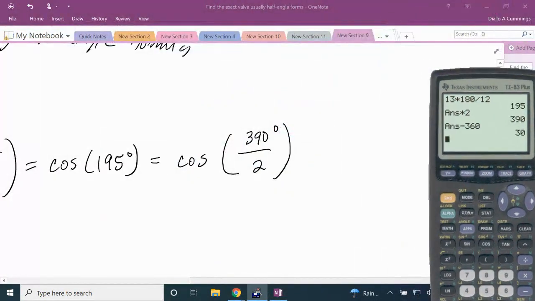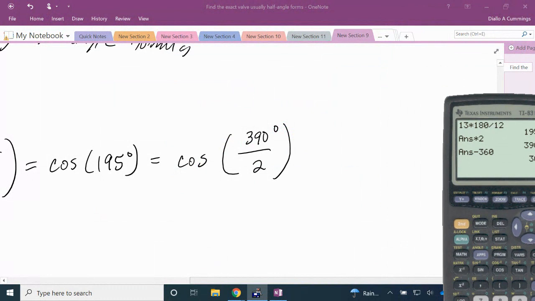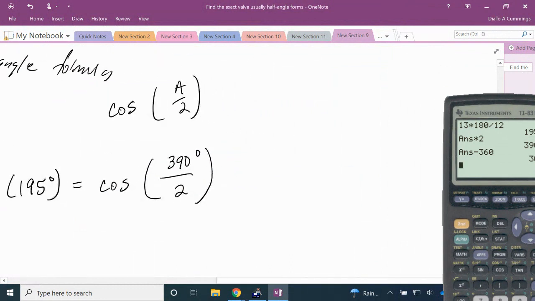All right, so above the cosine of 390 divided by 2, I'm going to write the formula for the half angle for cosine. So the cosine of A over 2, right? So we've established the fact that A is 390 degrees.